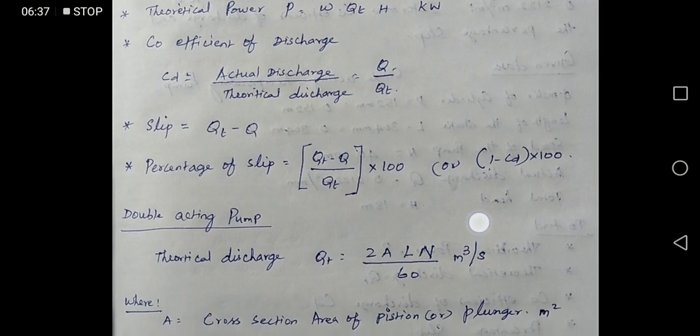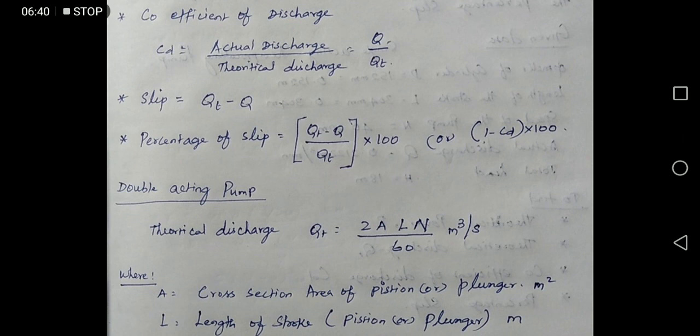In the case of a double acting pump, the remaining formulas are common, only the theoretical discharge changes. Double acting means 2 A L N divided by 60. So only a small change, the 2 is added. The 2 indicates a double acting pump.